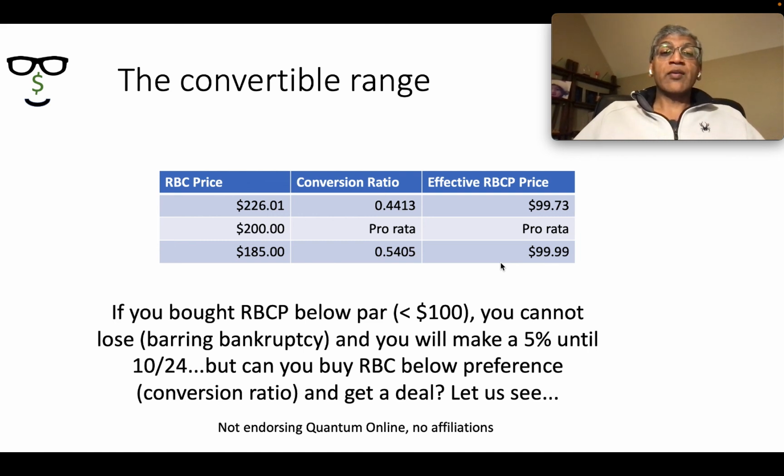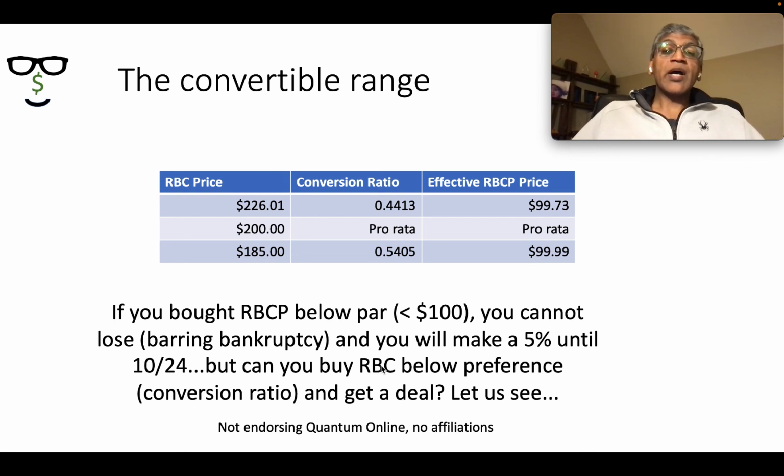And what that means is if you bought RBCP below par, meaning less than $100, you really cannot lose unless the company goes bankrupt in less than 2 years. Because if you bought it at less than 100 when the par value was 100, then you're going to convert at a favorable ratio no matter when it converts and what the underlying equity is.